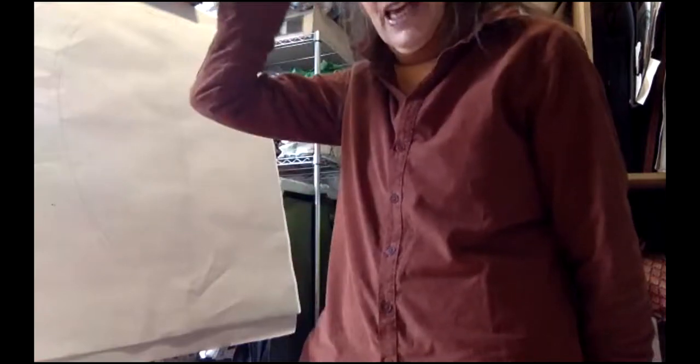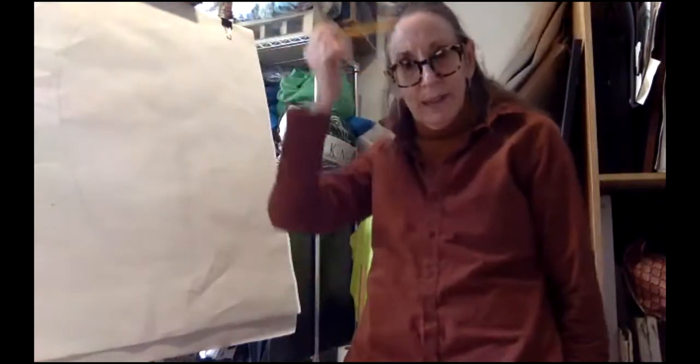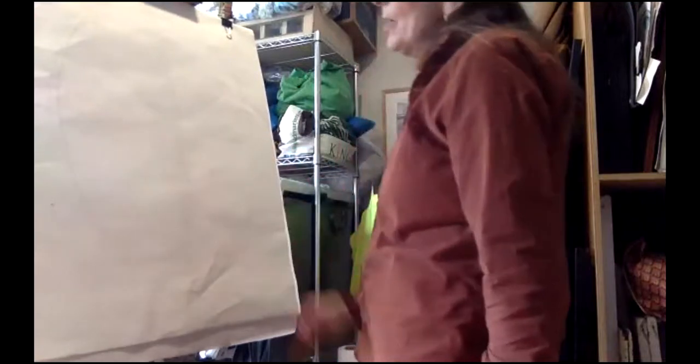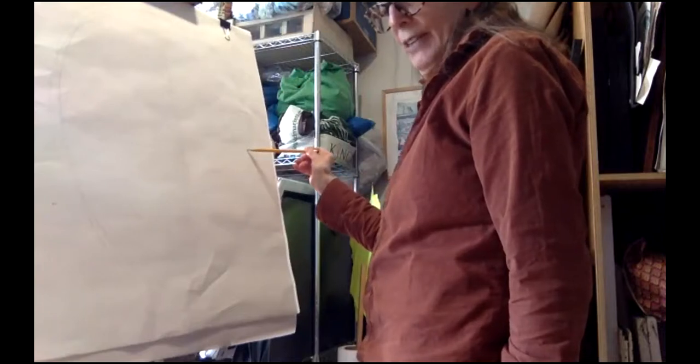The crown of the head is bigger in children than it is in adults. So if you are looking at an image of a child, think about that. So the eye level is my first horizontal guideline.